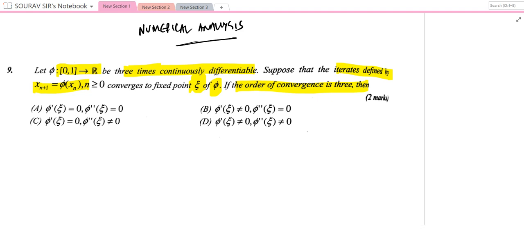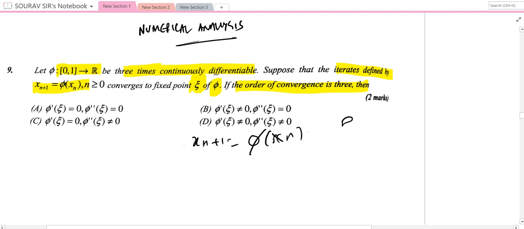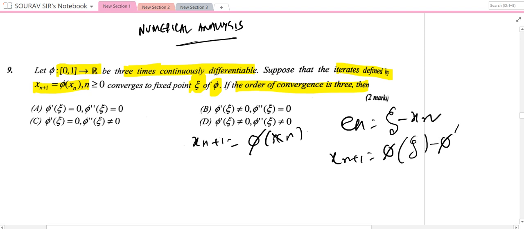So for that, here we can do that: phi of x n, let e n equal to xi minus x n. So x n plus 1 is phi of xi plus phi dash xi e n plus 1 by 2 phi double dash xi e n square, and so on.